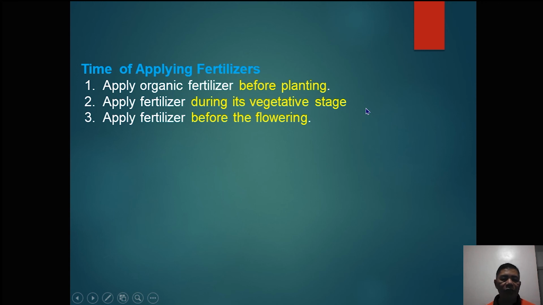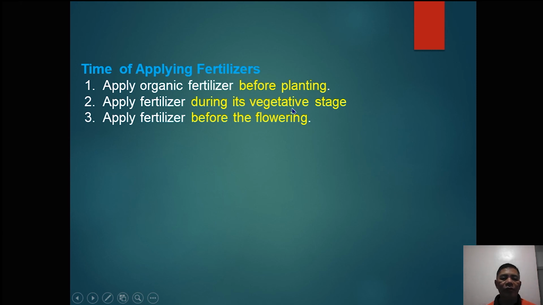And in most cases, particularly rice production and vegetable production, we apply fertilizer perhaps 3 weeks, 4 weeks after transplanting.